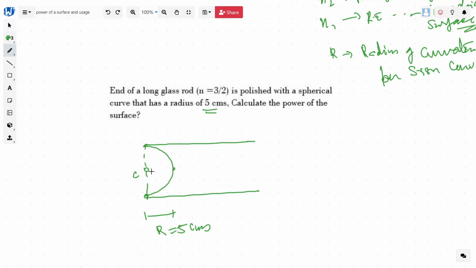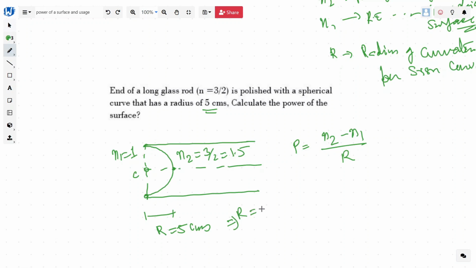Now this is going to be our origin where the refraction will happen. This side n1 is air, so 1, and here n2. So left hand side is n1 and n2 is 3 by 2, which is equal to 1.5. Now we have to find the power. The power is n2 minus n1 divided by R, and R in this case, because it is lying on this side, is going to be minus 5 centimeters, which is equal to minus 0.05 meters.